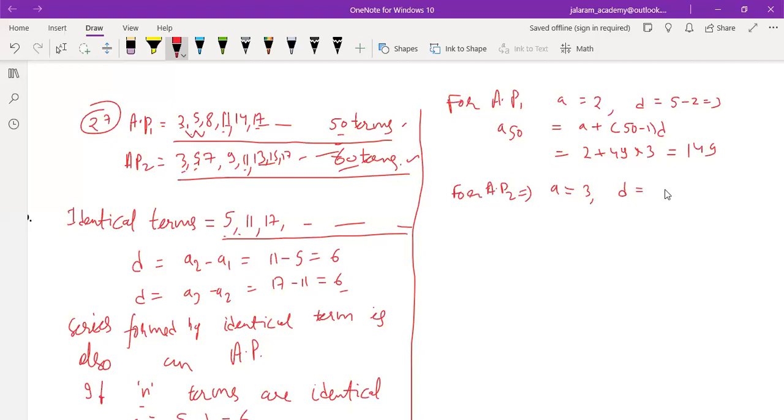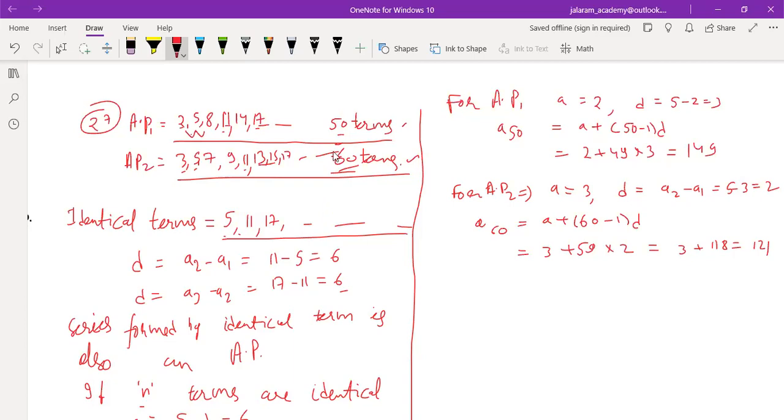And what is the common difference? It is A2 minus A1, that is 5 minus 3 equals 2. So find the 60th term, which is the last term of AP2. A plus n minus 1 into D: the value of A is 3 plus 59 into D, which is 2. So 3 plus 118, that is 121.